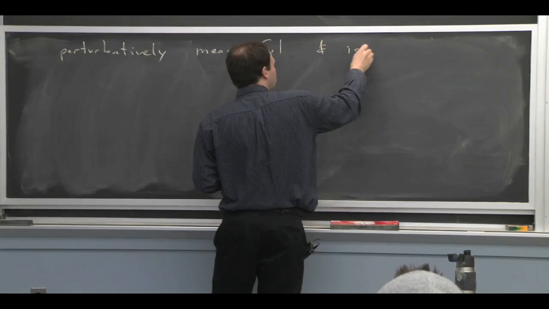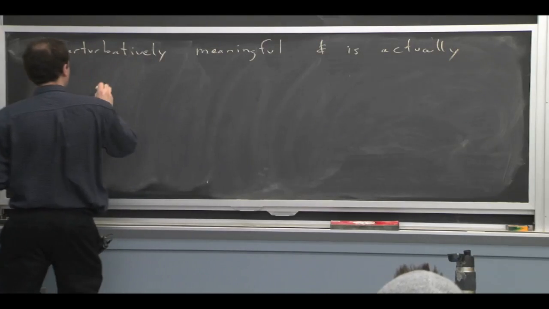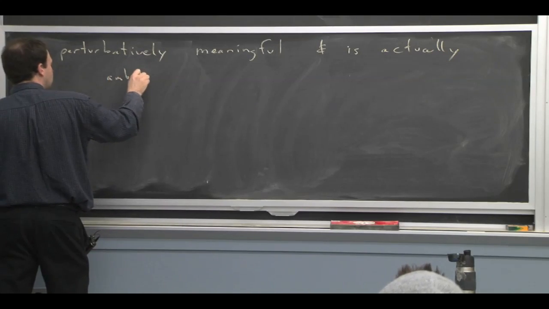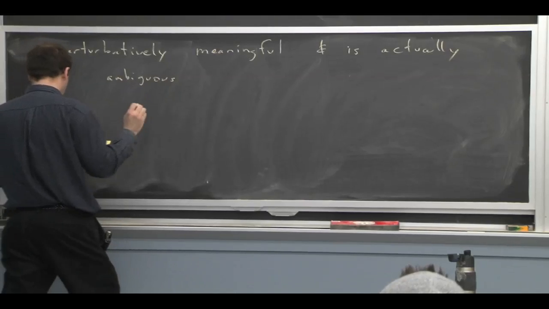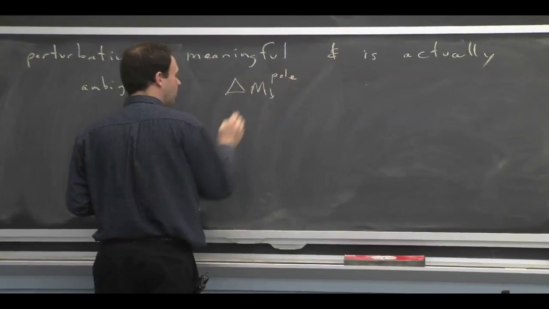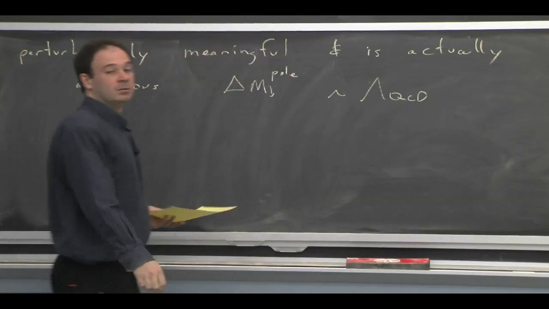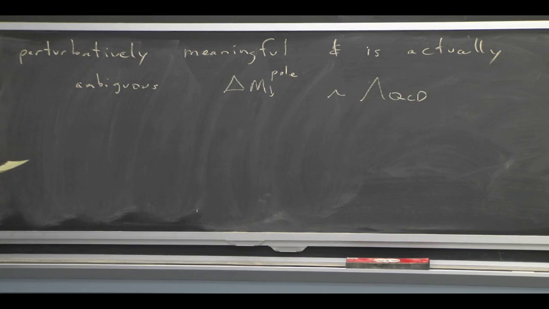And in reality it is ambiguous. It's an ambiguous notion. You can think that the amount by which it's ambiguous is related to hadronization, which is set by the scale Lambda QCD. So there's an ambiguity in what you mean by a pole mass physically due to non-perturbative effects.